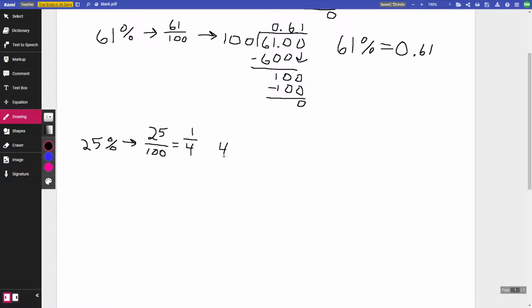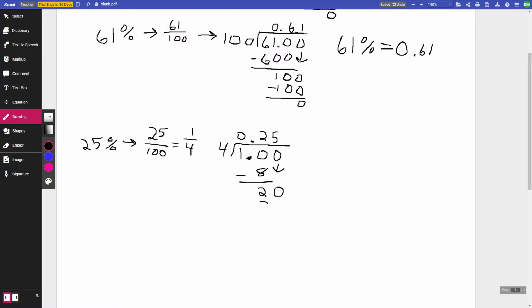So we want to see how many times 4 goes into the number 1. And the answer is 0 times. So we will put a decimal in here and we'll go from here. So 4 goes into 10 twice. And 2 times 4 is 8, with a remainder of 2. So we will go ahead and add another 0 because we still have a remainder. And then we will bring that 0 down, and now 4 goes into 20 5 times.